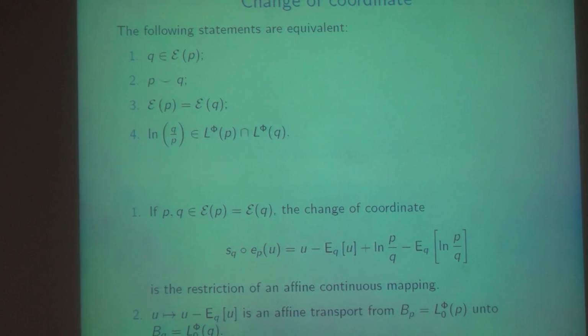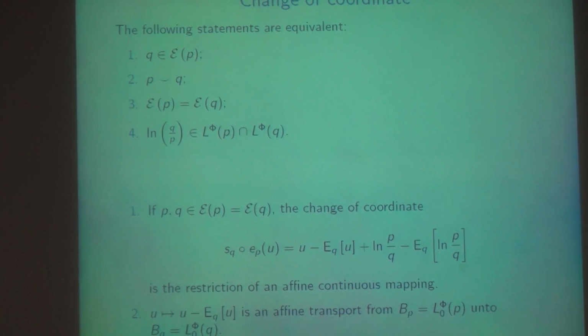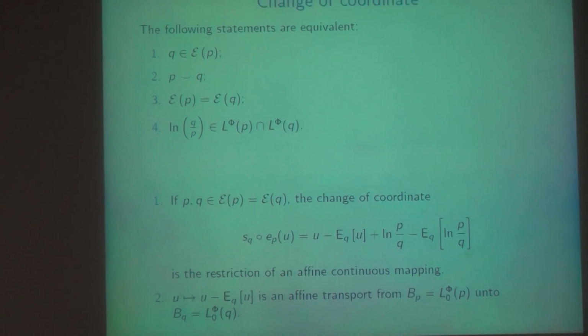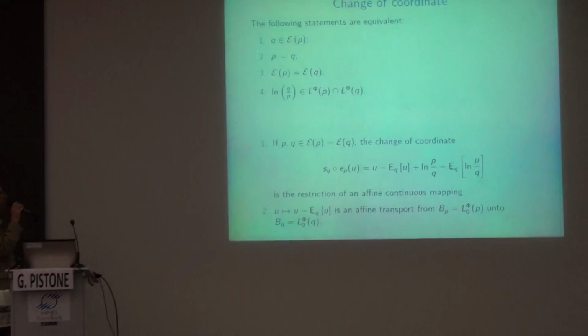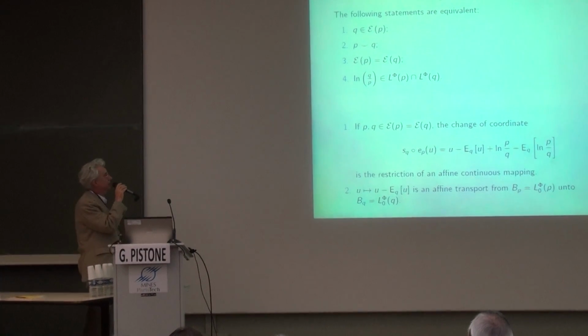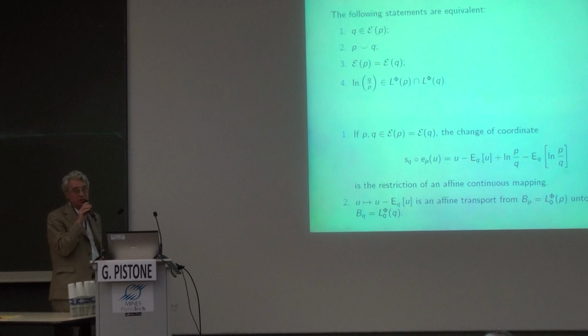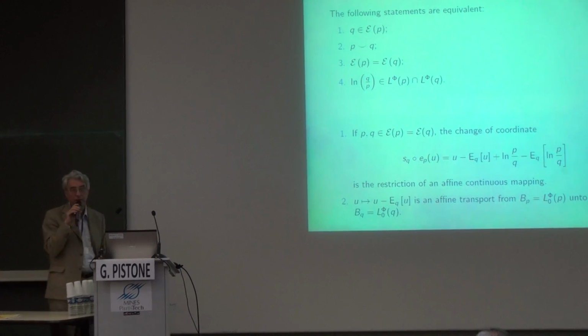The maximal exponential family around P is equal to the maximal exponential family around Q. And the logarithm of the likelihood, the log of Q upon P, belongs to both Orlicz spaces. These conditions are all equivalent.